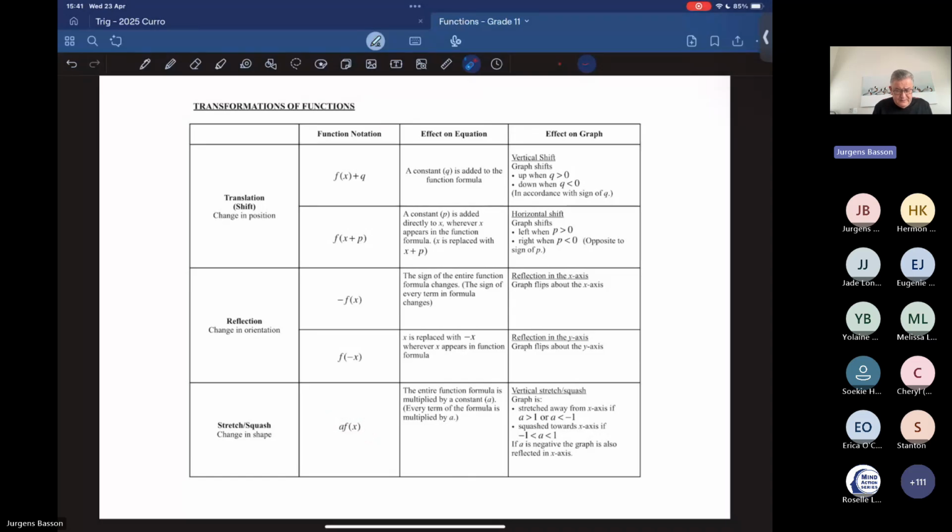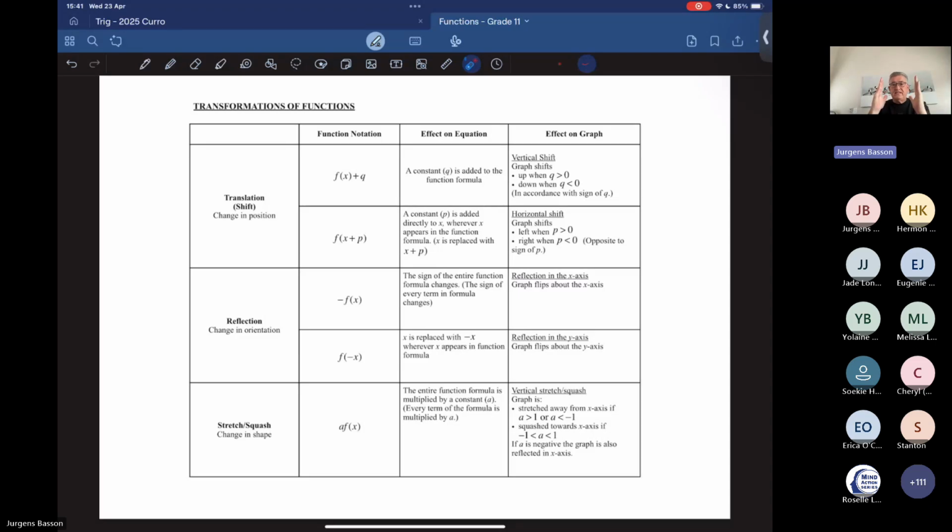Now, that is a change in shape. That's what I call it, but we also refer to this as stretch or squash. If you don't want to use the terminology, I just use change in shape. But if you think of the parabola, if that a is 2, 3, or 4, the graph is narrower, so that means we stretch it.